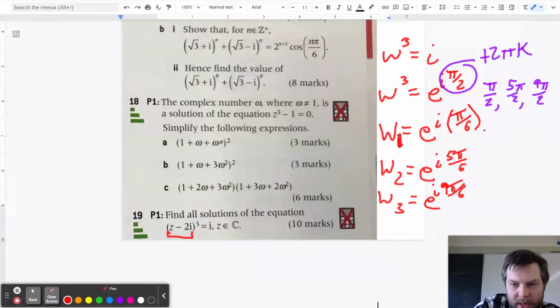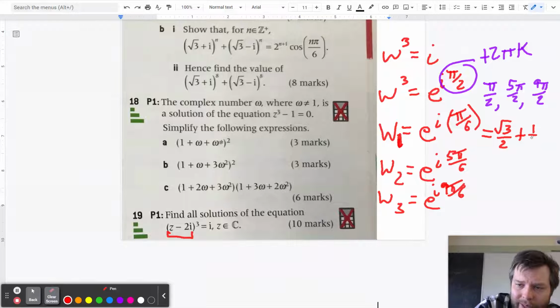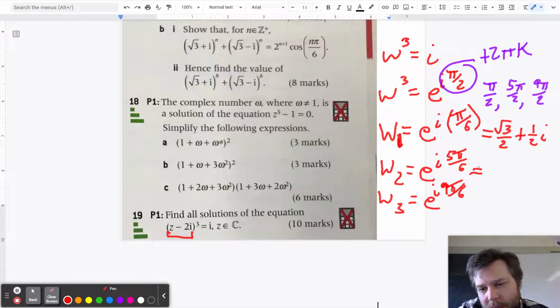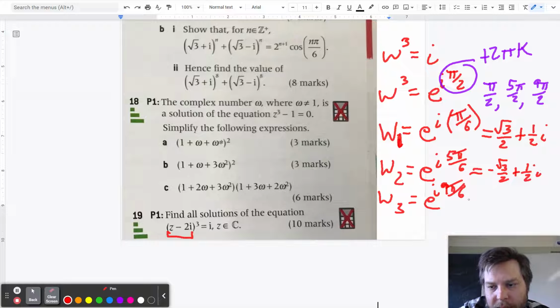Writing w1 in Cartesian coordinates, π/6 is a 30-degree angle, so that becomes √3/2 + (1/2)i. w2, at 5π/6, would be −√3/2 + (1/2)i. And 9π/6 is 3π/2, which is just −i. And that makes sense, right? Because i squared is −1, times another −i. Great, so we have those.